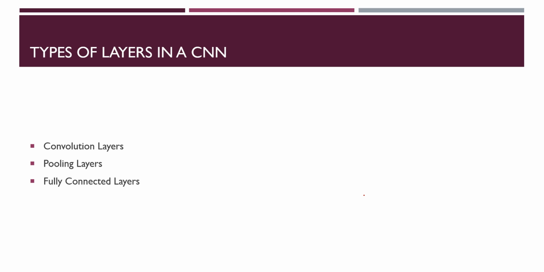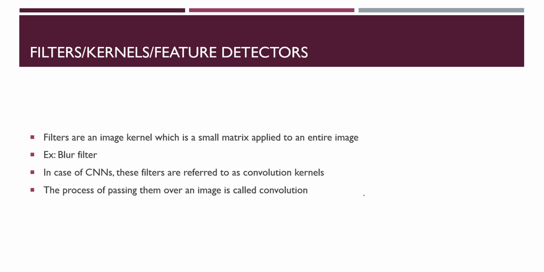That operation is very similar to what we have studied in the field of signal processing or image processing, where we use something known as an image kernel or an image filter. Filters or kernels or feature detectors all mean the same.